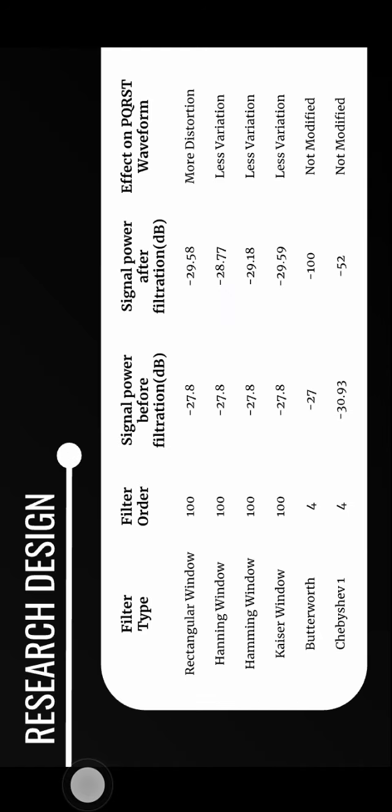The research design in the paper is as follows. The researchers have used the rectangular window, Hanning window and Kaiser window to represent the FIR filter, whereas Butterworth and Chebyshev are used to represent the IIR filter.